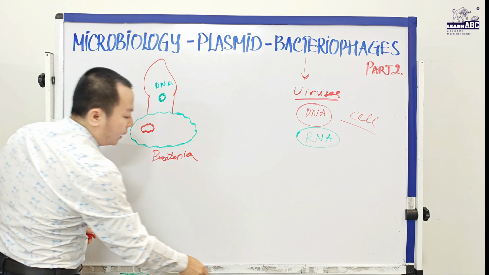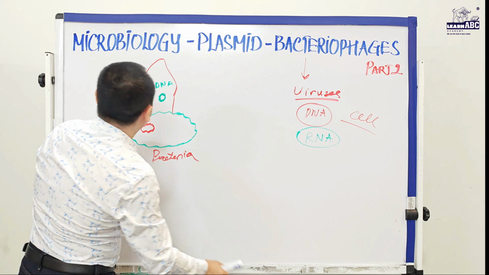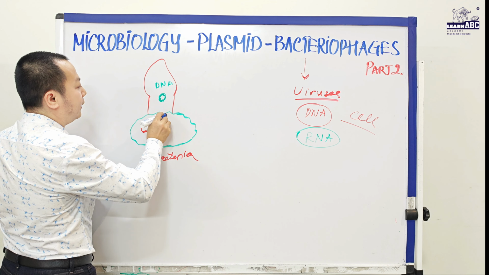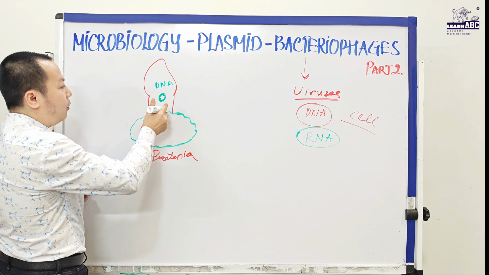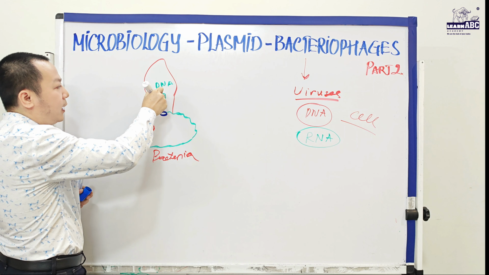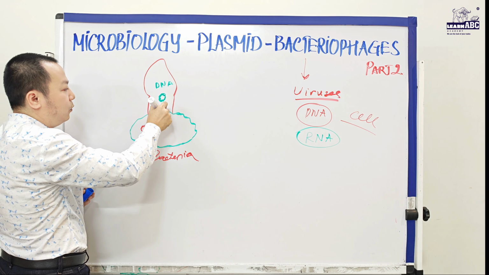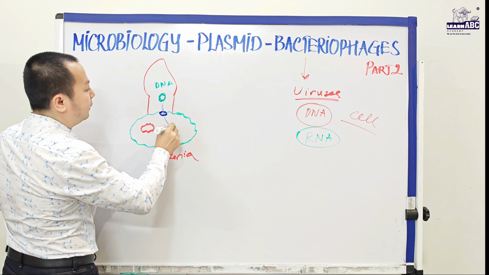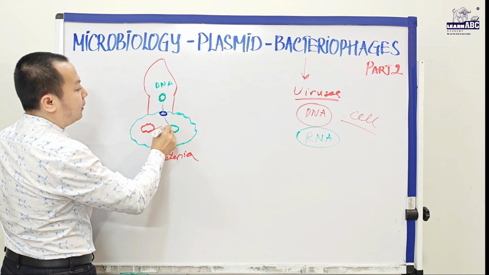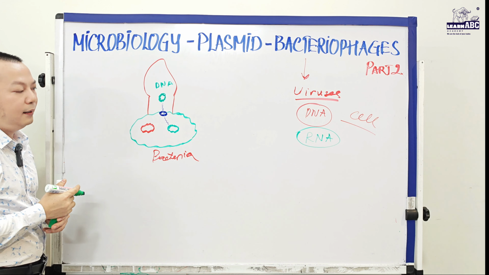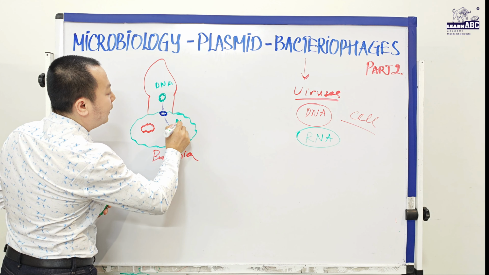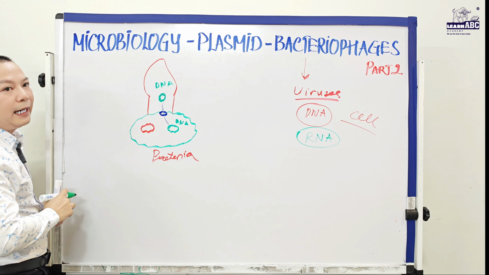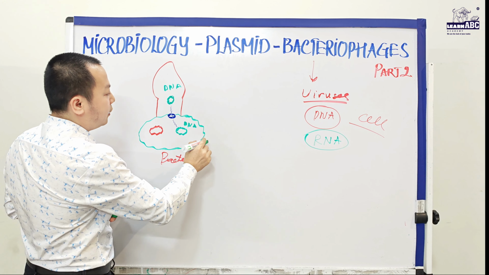When it has a chance, it makes a hole here, and through this hole it injects its DNA into the bacteria. This is the DNA of this virus. This DNA has a gene, and this gene we call the tox gene.